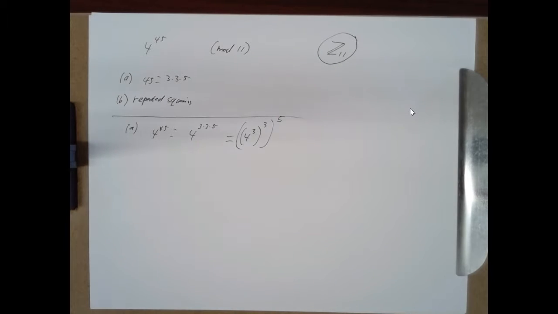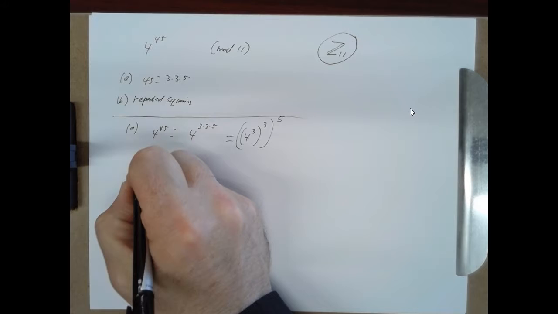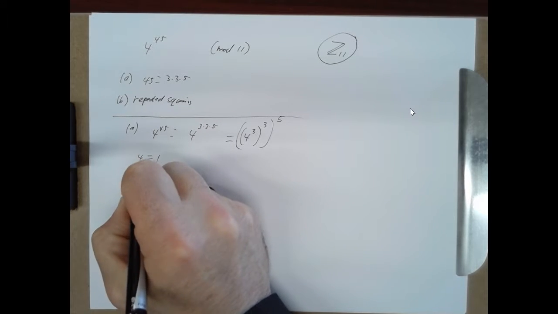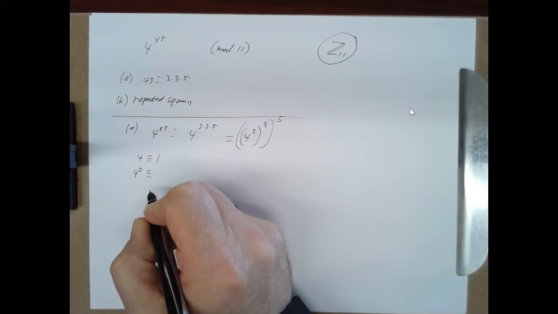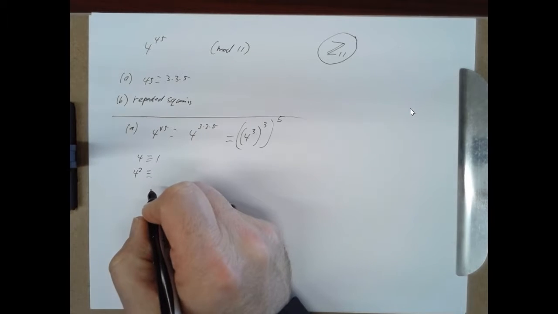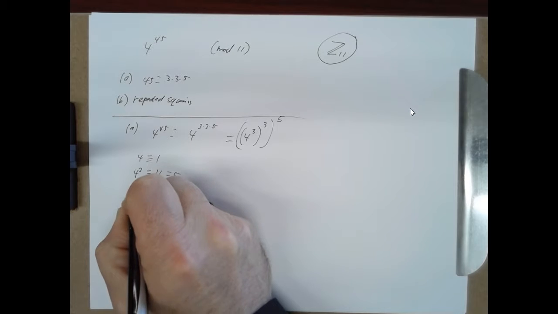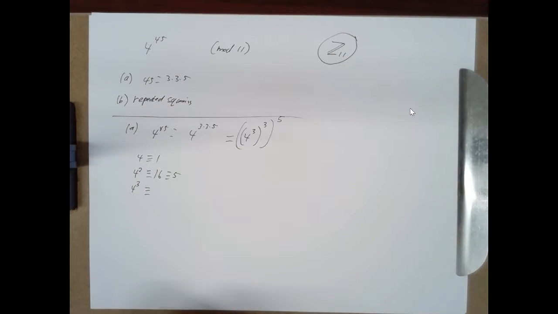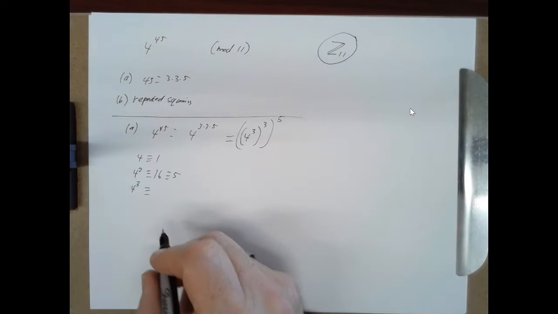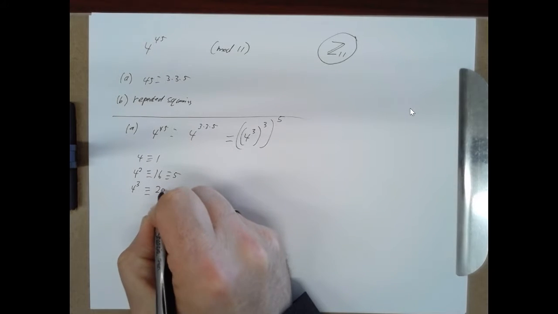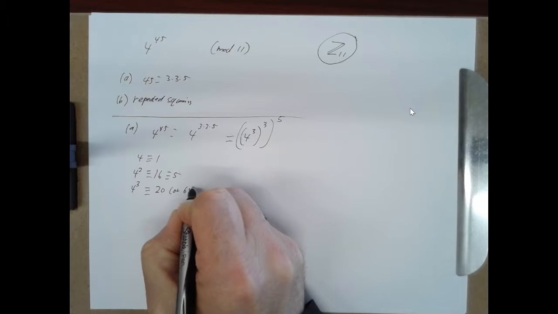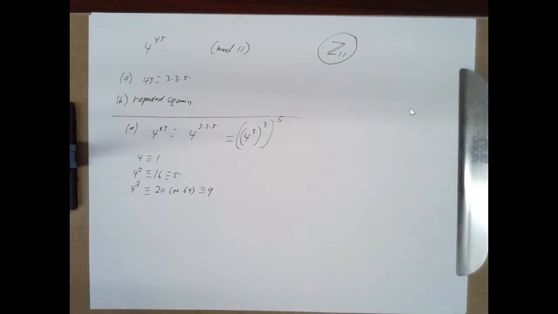And so if we're working mod 11, 4 is congruent to 4. 4 squared is 16, which is 5. 4 cubed is 64, which is 55 plus 9. It's also 5 times 4, which is 20, which is congruent to 9.